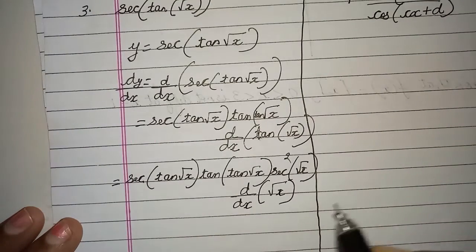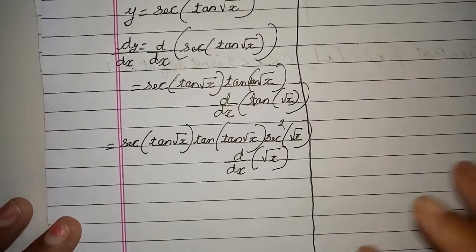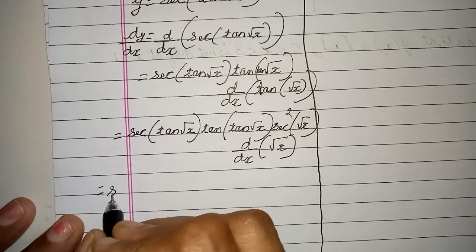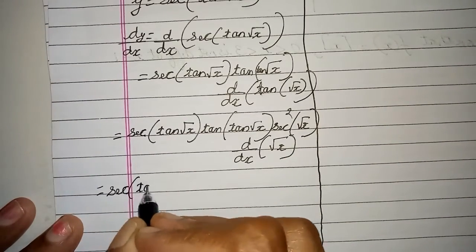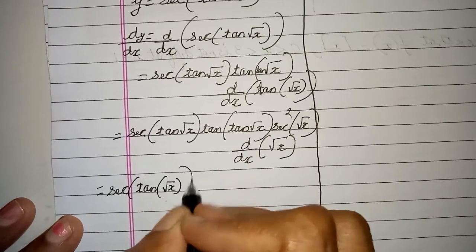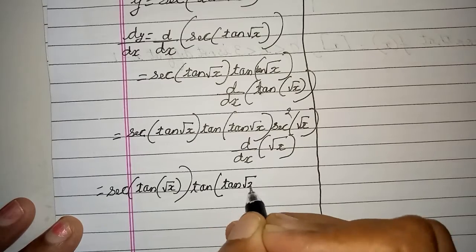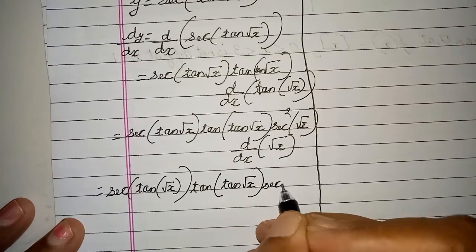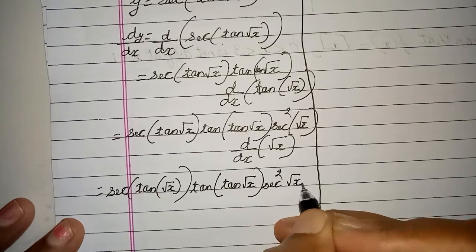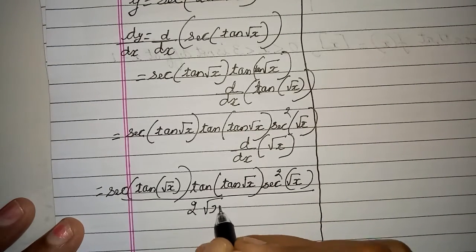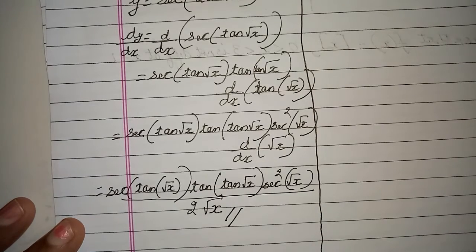So this chain rule keeps on going as many times as there are functions which are not in the standard form. So now it is sec of tan of root x, tan of root x, sec square root x, and you know that the derivative of root x is 1 upon 2 root x. So this is your answer.